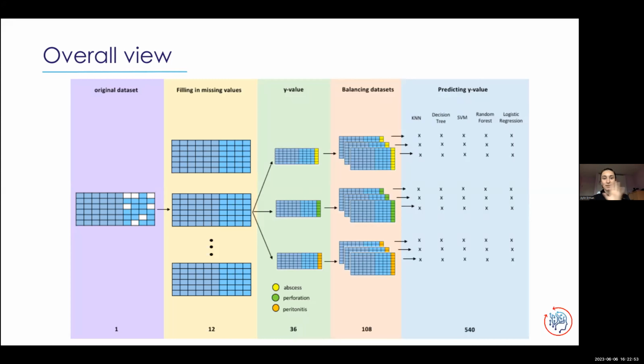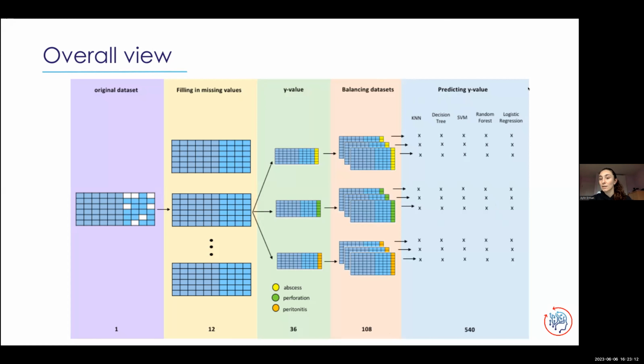So hopefully that generally makes sense. As the project stands right now, we're done filling in the missing values and done balancing the data sets, and I'm almost halfway through predicting the Y values.